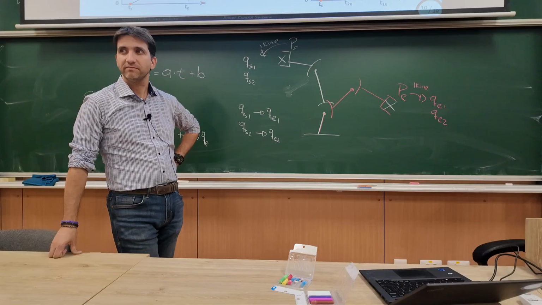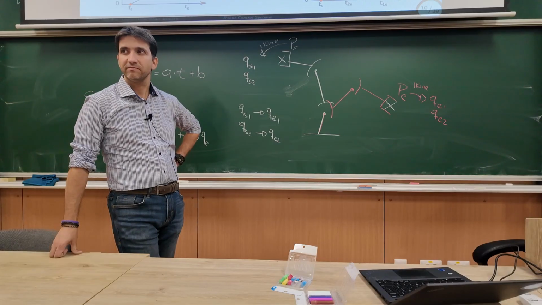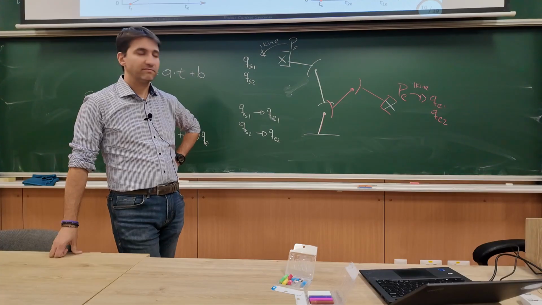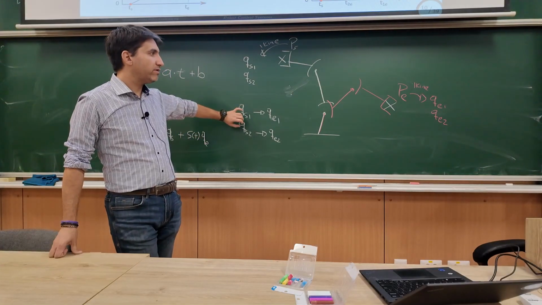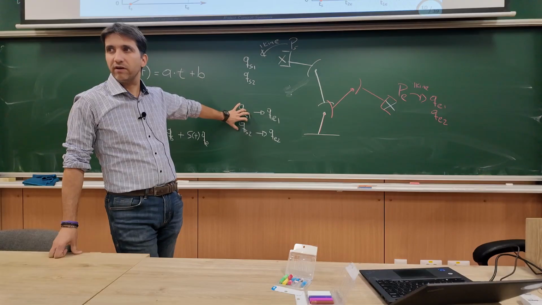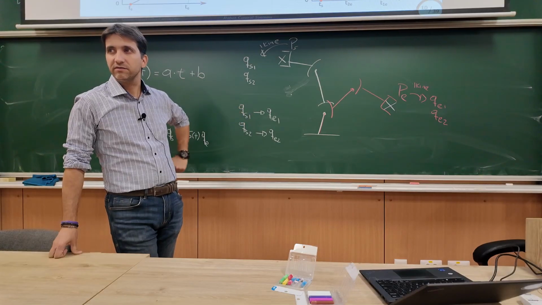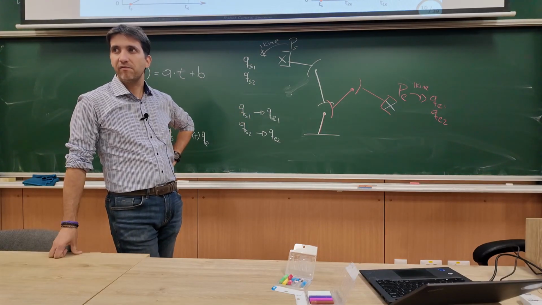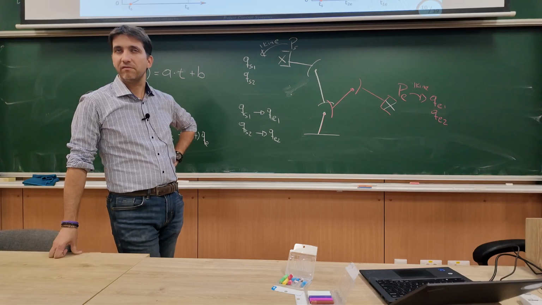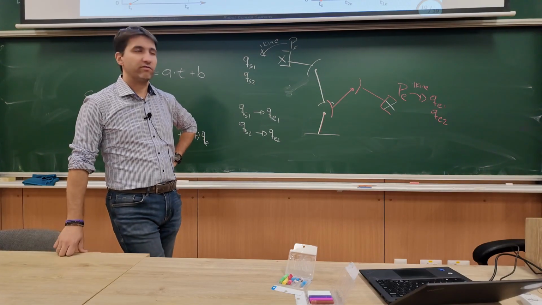Mm-hmm. So you say it will move like the arm. What do you mean when you say it will move like the arm? For example, if the arm is moving linear, it's based on the trajectory of the arm. Okay. Yeah, well that's why I'm asking, what is the trajectory of the arm?